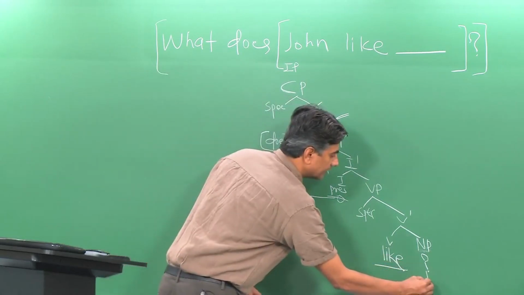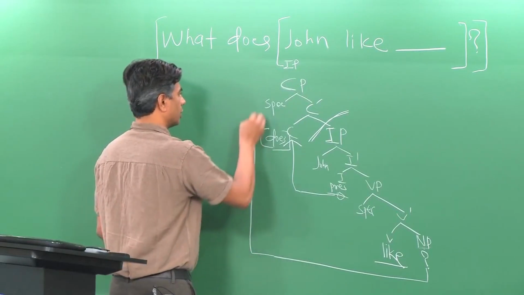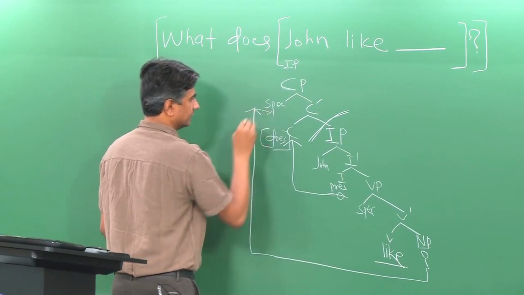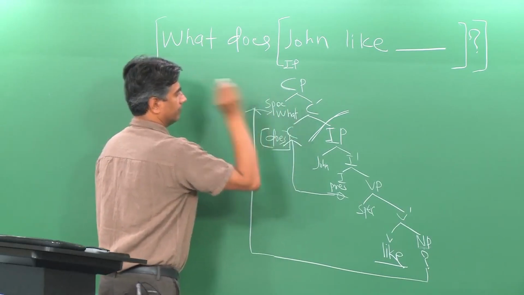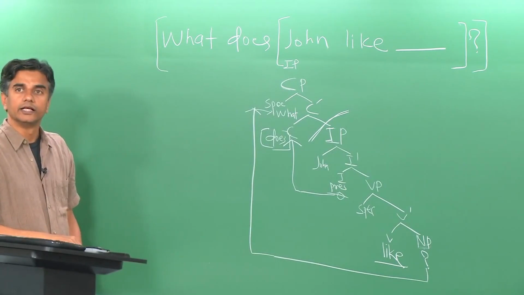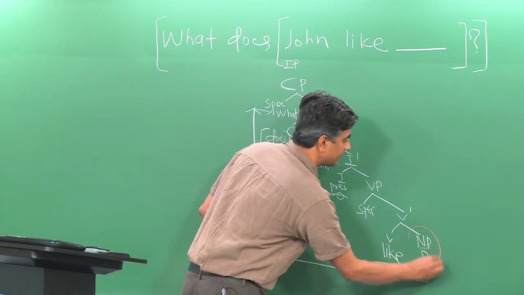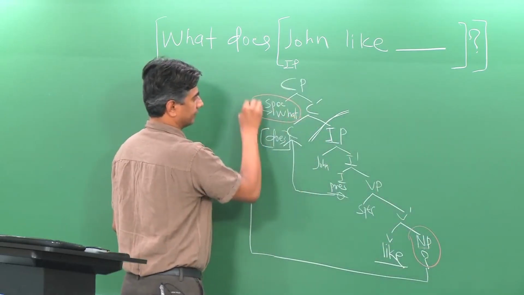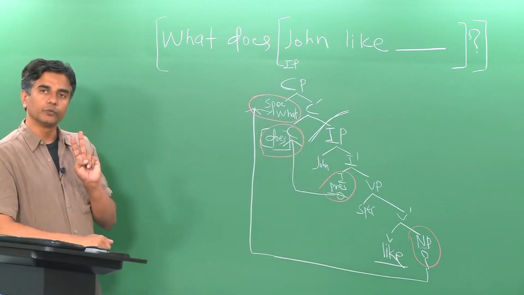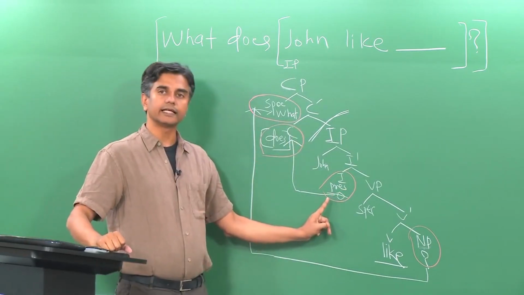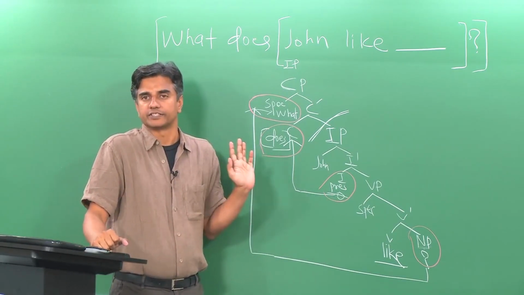And this NP gets to another position which can host another NP, which is in turn the specifier of the CP. See, this NP is represented here, and this thing comes here. So we have identified the elements that appear to have moved out of their original positions.